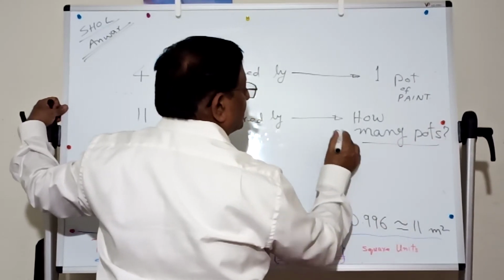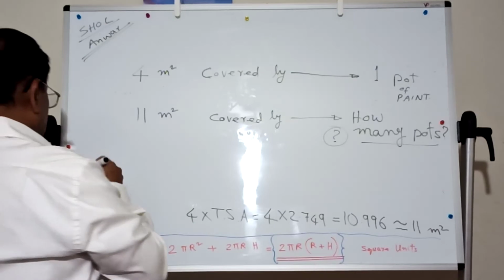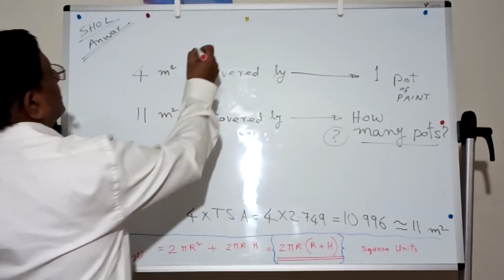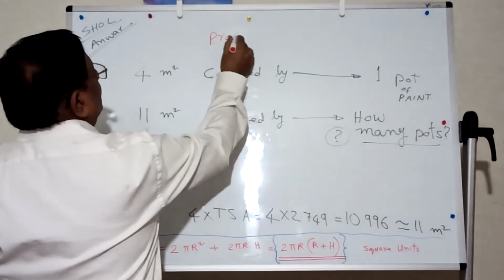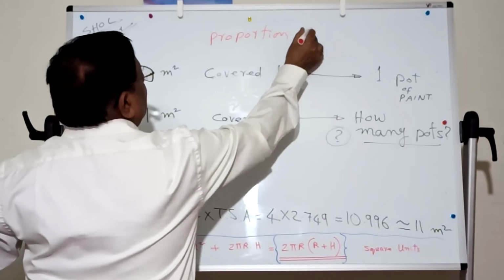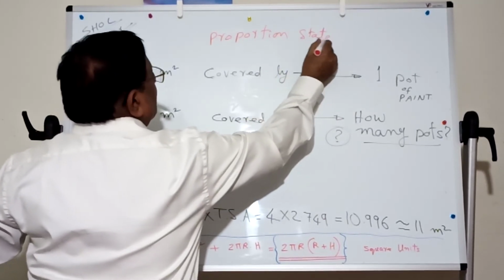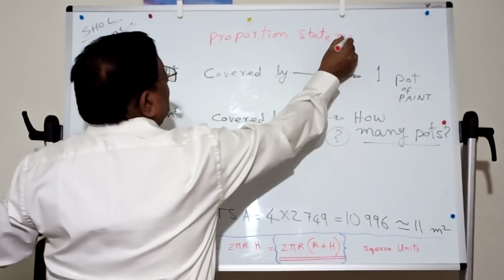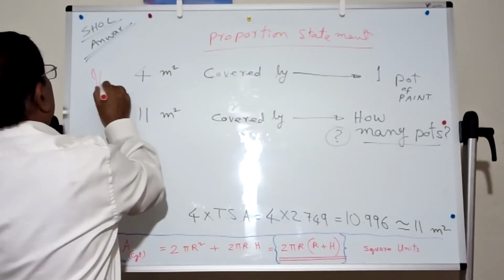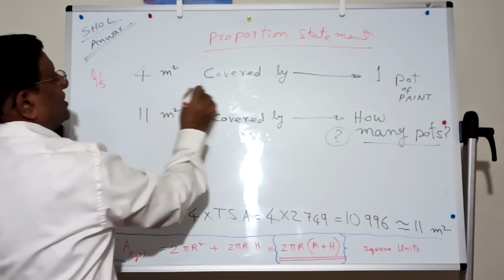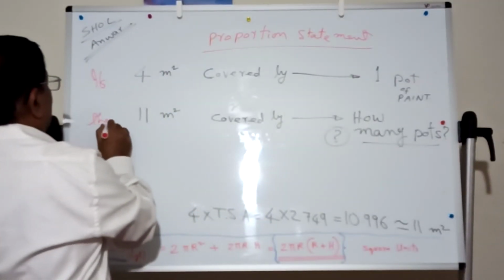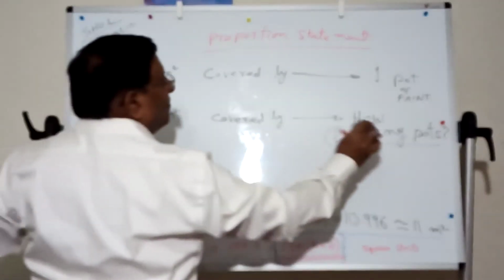How many pots? And you know the proportion formula. The proportion statement is, if 4 square meters is covered by one pot, then 11 square meters, how many pots?